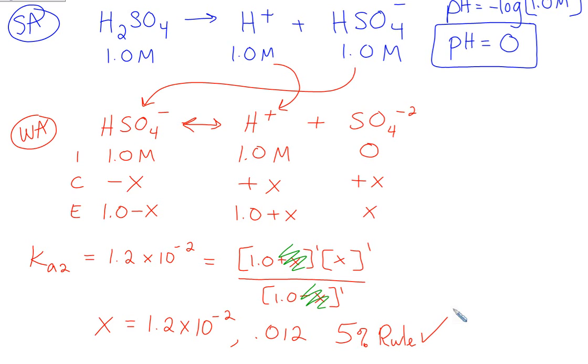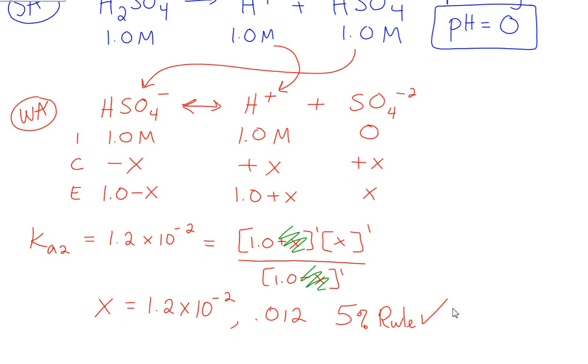Okay, so the only ion that I really care about here is the hydrogen, if we're calculating pH in the end. So X is going to get plugged in right here. This is the total amount of hydrogen in the solution from both dissociations. So now watch what happens if I do pH. pH equals opposite log.